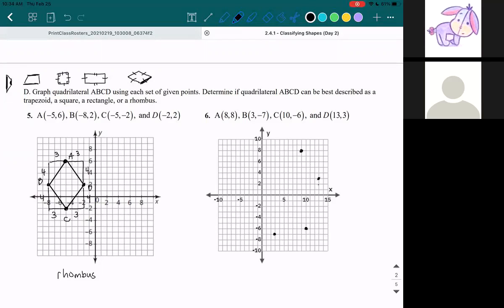Oops, they're over here. Wait. I think I made a mistake on my top point. 8, 8 is 5, 6, 7, 8, 8.